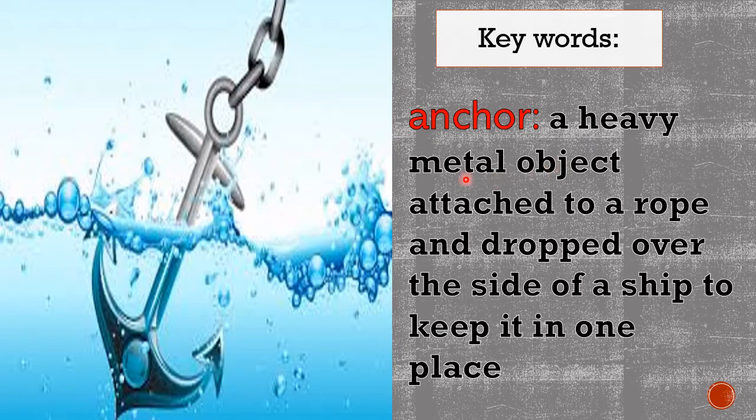An anchor is a heavy metal object attached to a rope and dropped over the side of a ship to keep it in one place so that it doesn't move. It can be used for ships or for boats.